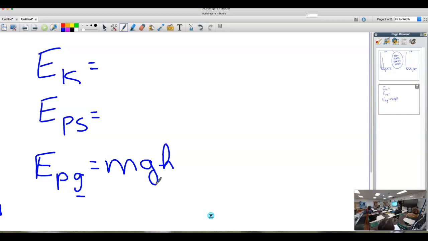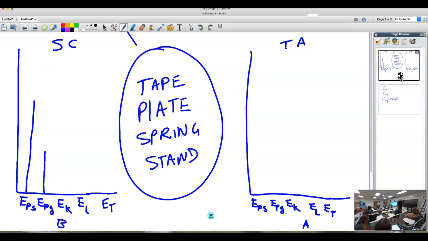When I'm compressed right here, how much gravitational potential energy do I really have? Almost none, because this is our zero level. This is where we're starting from, we're calling this zero. So going back to our diagram, I should have zero gravitational potential energy. How much kinetic energy?